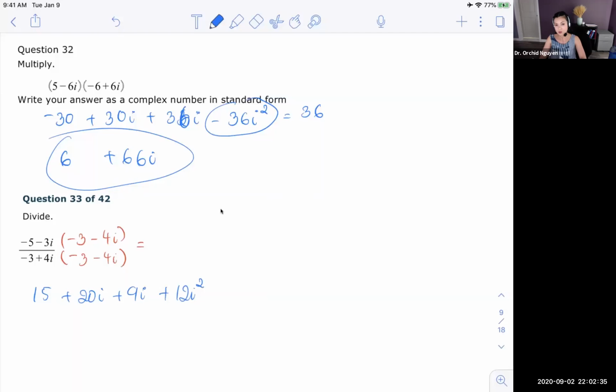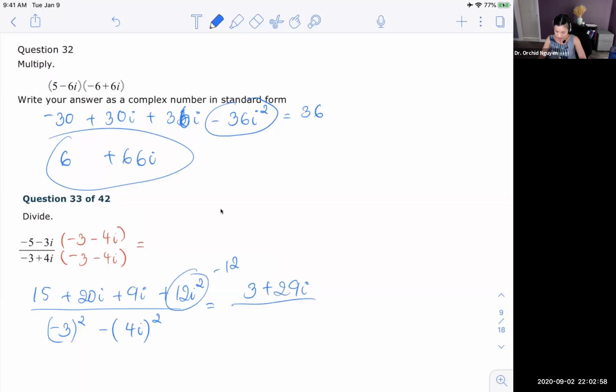Don't forget i squared is negative 1. And then I can just do the shortcut here. So 4i squared becomes negative 12, right? So that's why we have 3 plus 29i.